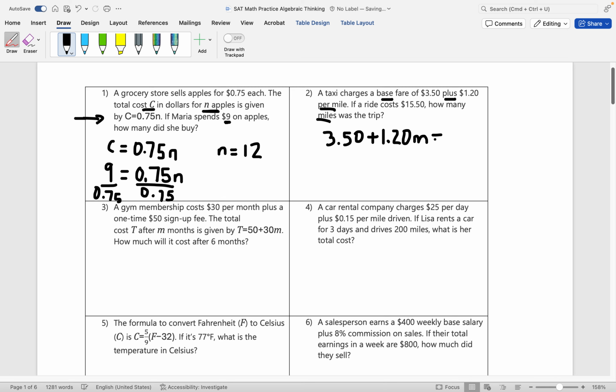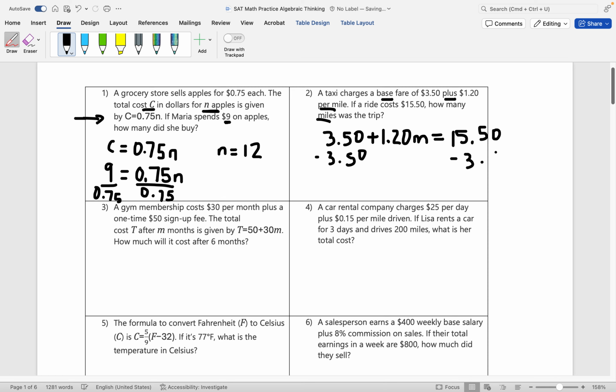And once I do that, this person pays $15.50. So if I pay this much, how many miles did I ride? So now I'm going to solve this equation, subtract 3.50 from both sides, because that's how we solve equations.